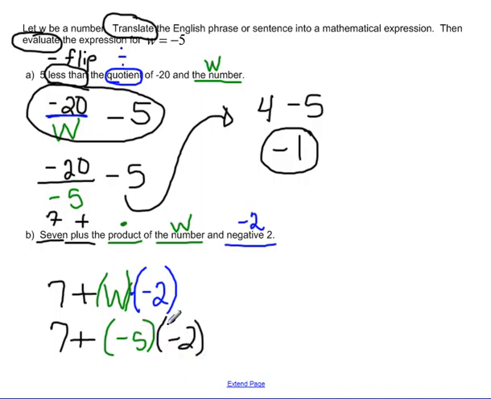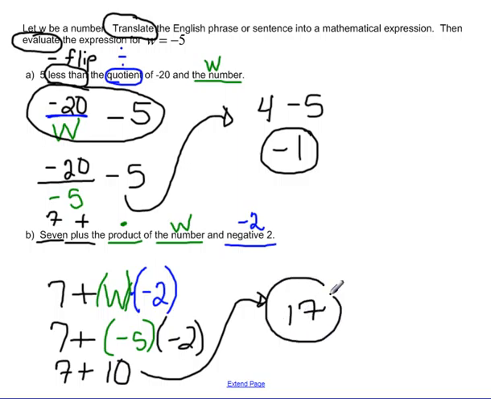We're going to multiply before we add or subtract, because that's what order of operation tells us to do. 7 plus -5 times -2 is a positive 10. So 7 plus 10 would give us our final answer of 17. And that would be the answer to the evaluate part, and here's the answer to our translate part.